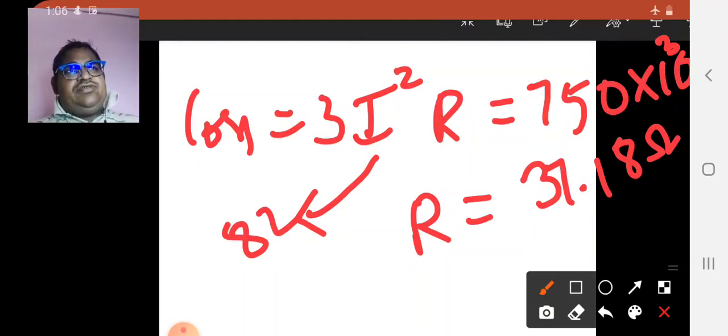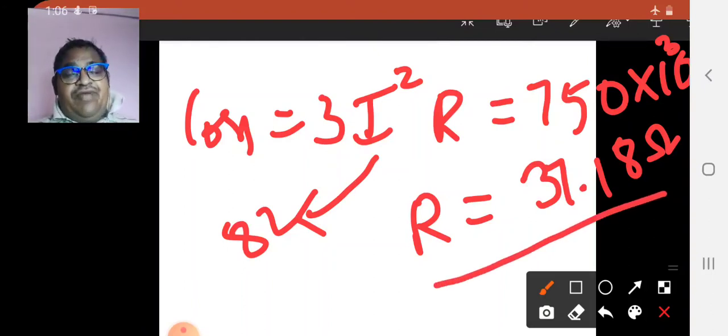The resistance of each conductor per kilometer is 1 ohm given in the problem. Here you got the resistance as 37.18 ohms. Then what is the length of the transmission line? It is a very simple problem.